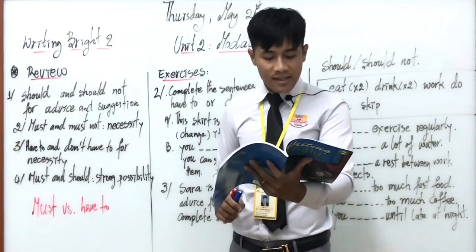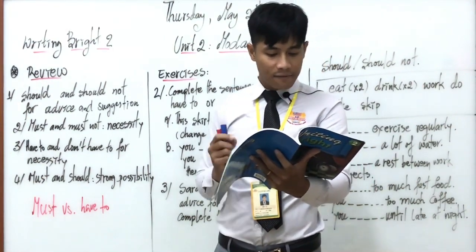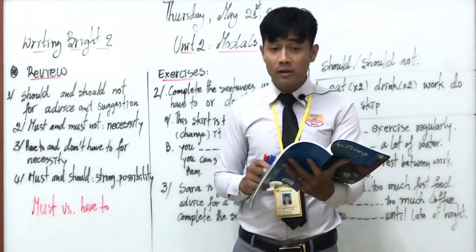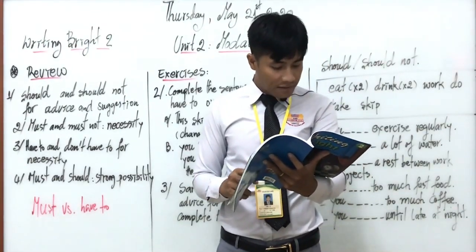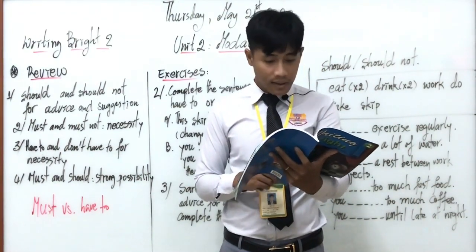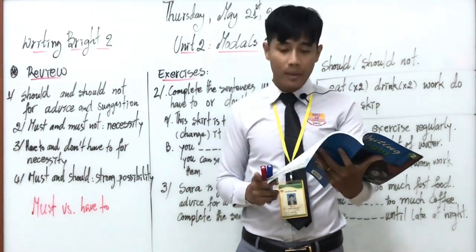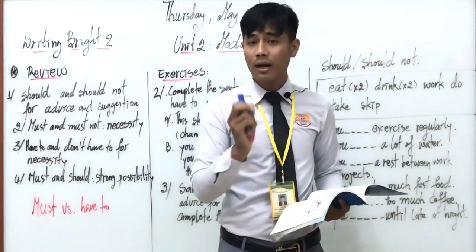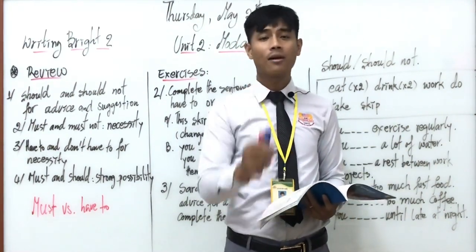Before we start doing this exercise, teacher would like you to read these exercises first. So now you have 5 minutes to read the exercises on page 20 and page 21, exercise 1, exercise 2 and exercise 3. Now let's read it all together.